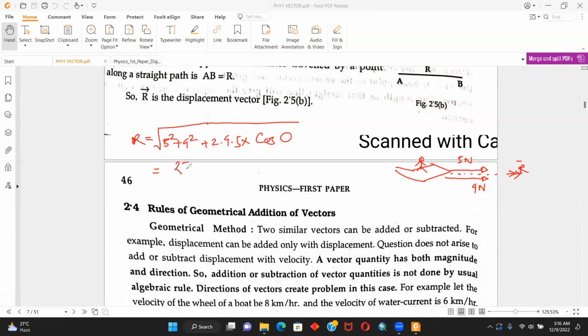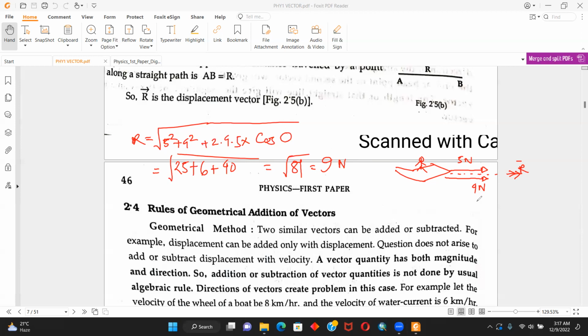We will get 25 plus 16 plus 2 times 4 times 5, which is 8 times 5, that is 40. So this will equal the square root of 81. What is the square root of 81? 9, right? So as you can see, if two vectors work in the same direction, then their resultant vector's magnitude will be the addition of these two.